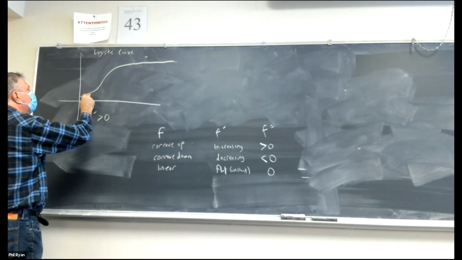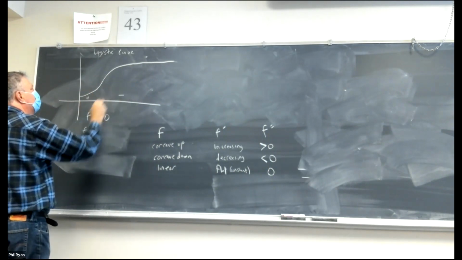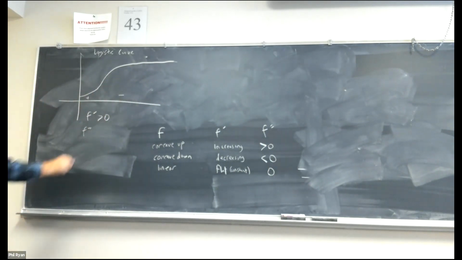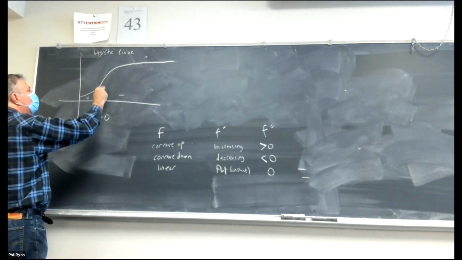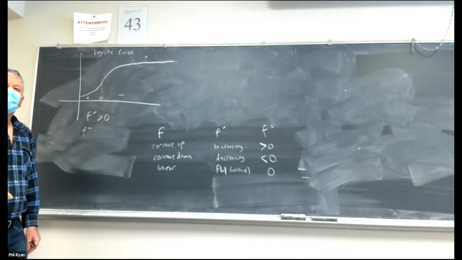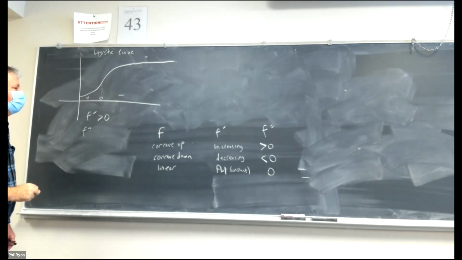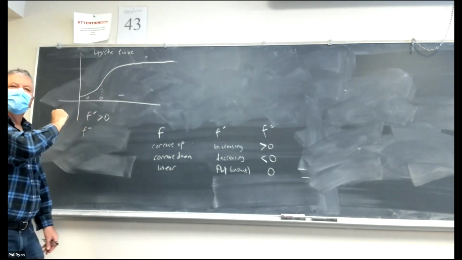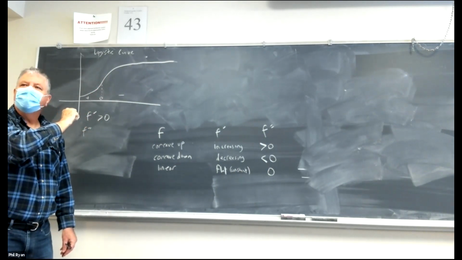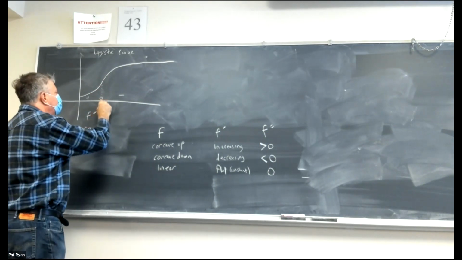Right, it starts positive and then it becomes negative. So at some point here, it's 0. These kinds of points are called, does anyone know the name for them? It's called an inflection point.